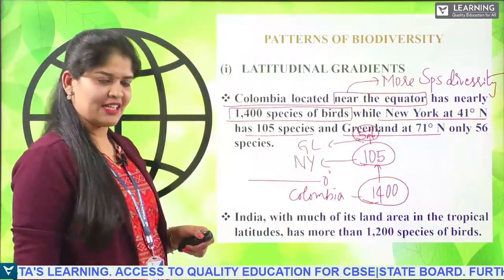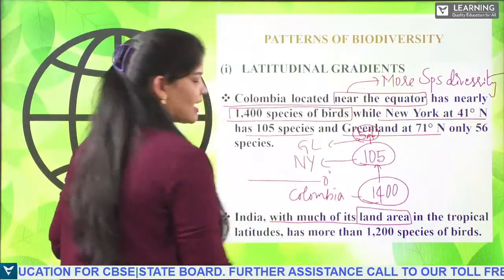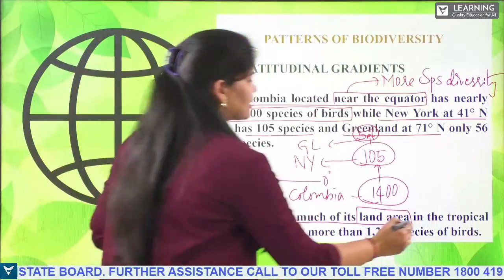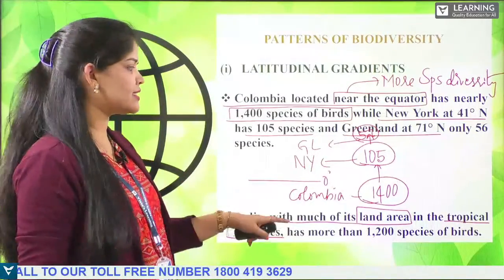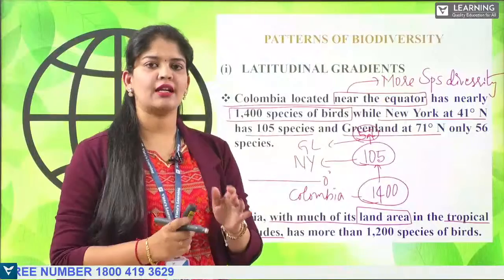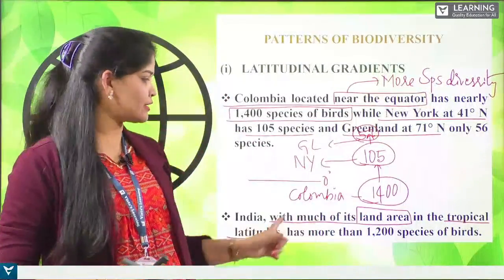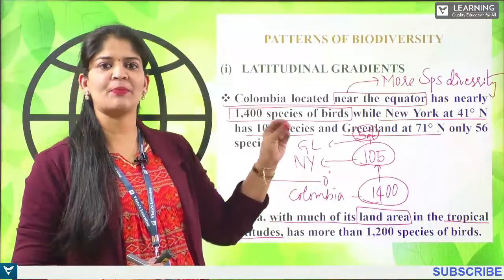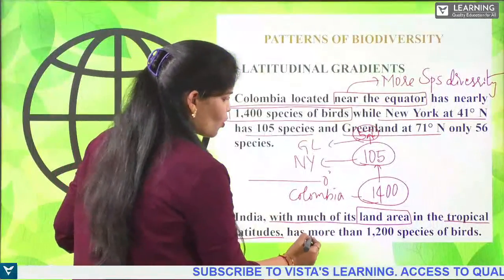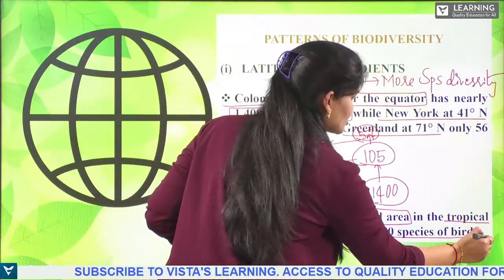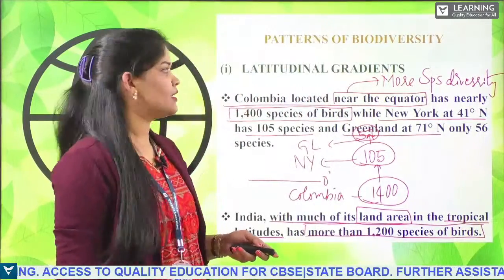Now, India, which has much of its terrestrial land area in the tropical latitudes, has more than this. We already got the information that tropical regions, tropical latitudes will have more species biodiversity when compared to the temperates. So here it has more than 1200 species of birds. Right? Moving on.